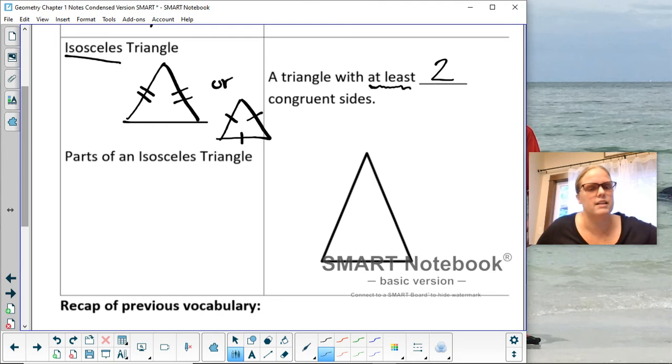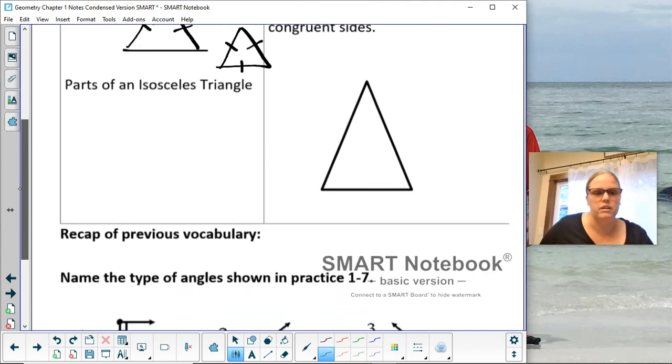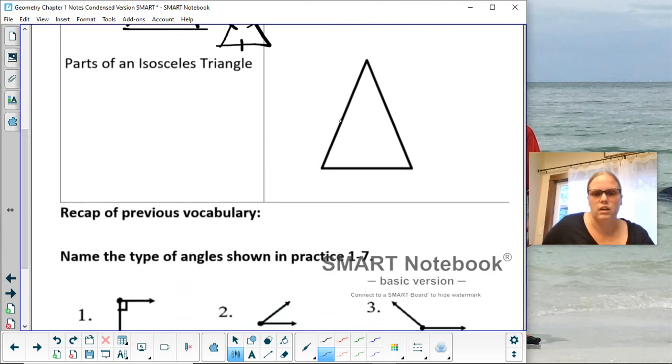Okay, now for the isosceles triangle, because it's a fancier triangle, we do have some specific names that we put with it. So for this isosceles triangle, I'm going to mark these 2 sides as the same length. And then the side down here that is not the same length, it could be if it was an isosceles triangle, but it doesn't have to be. This is going to be considered the base. And when we have the base, it is connecting 2 angles, and those are called our base angles.